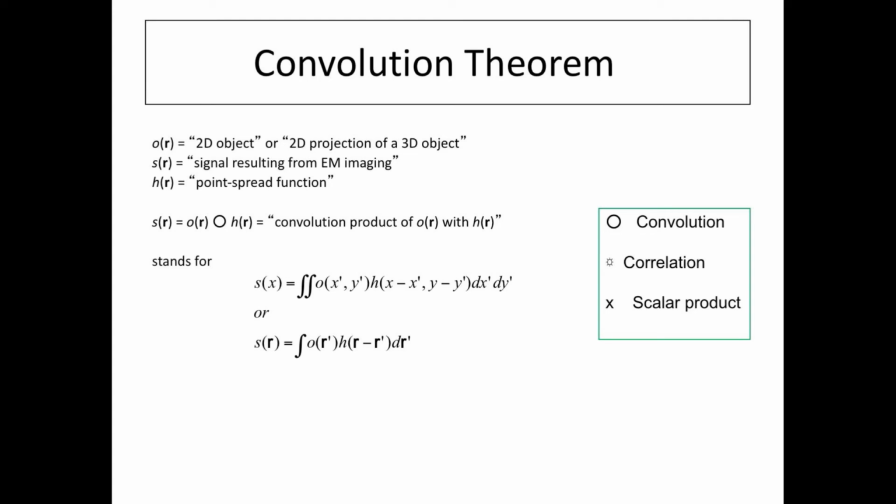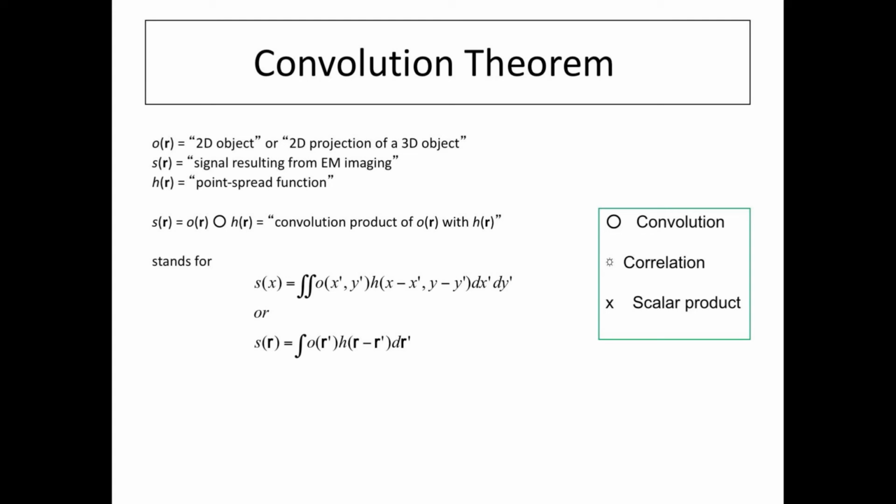And then I write S(r) is O(r) convolved with the point spread function, or this is the convolution product of O(r) with H(r). I introduced this symbol, the squiggle, for convolution. That stands for S(r), a double integral over the object times the point spread function.